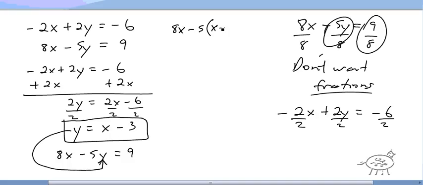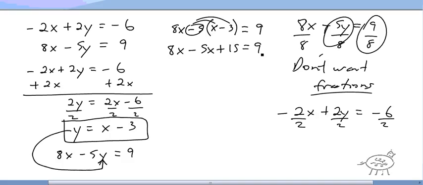So there it is, x minus 3. And then I'm going to continue the rest of the equation, equals 9. So that's 8x minus 5 parentheses x minus 3, equals 9. And then, again, it's solving like normal. So I distribute. Make sure you distribute the negative 5. So you get 8x minus 5x plus 15 equals 9.